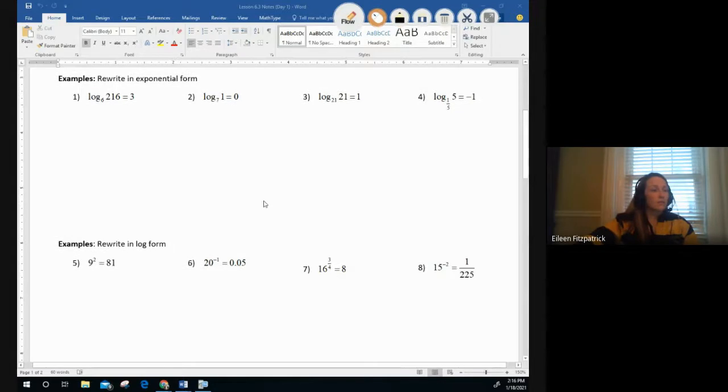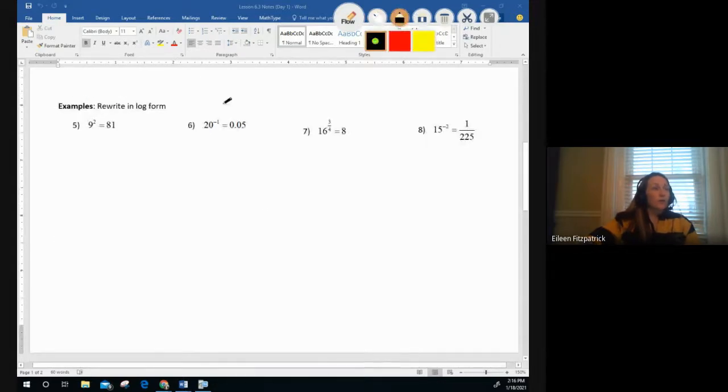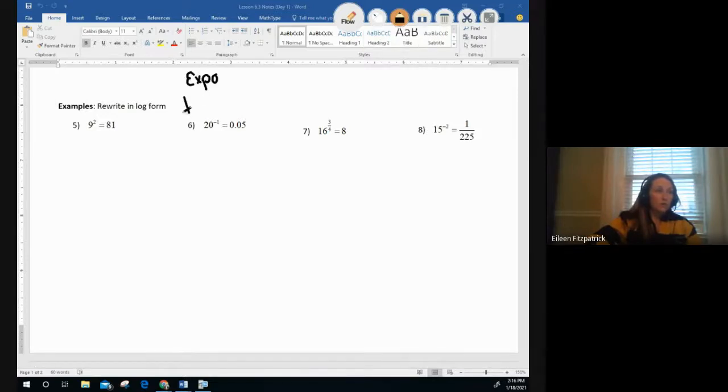Let me scroll down. So now I want to go from exponential form, so expo form, which is base raised to an exponent equals an answer, and I want to rewrite it in log form, which is log bacon and eggs. All right.